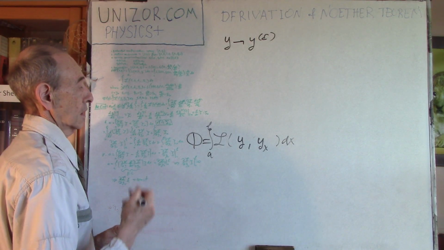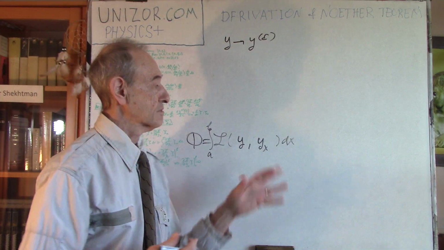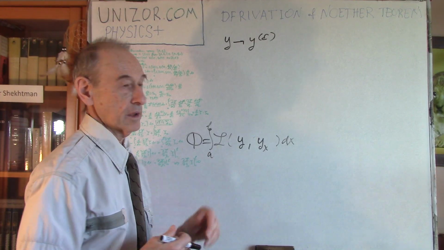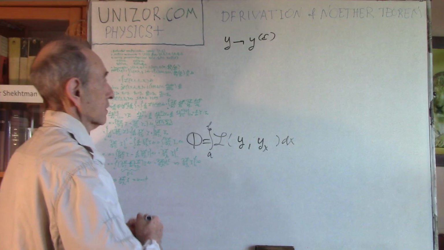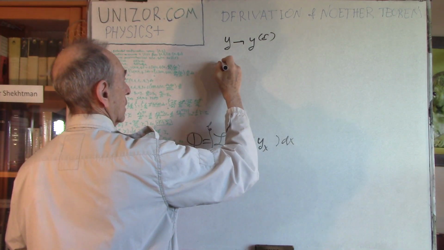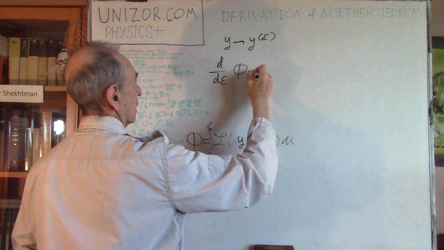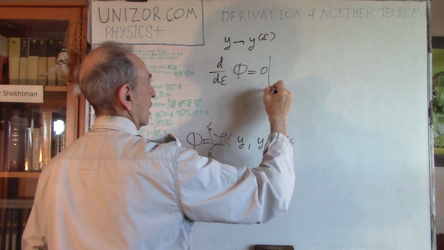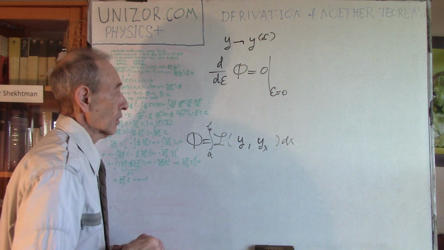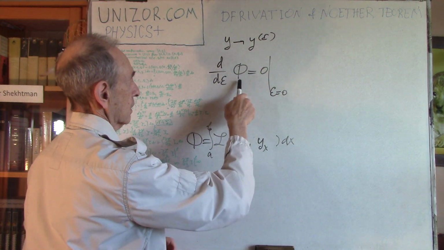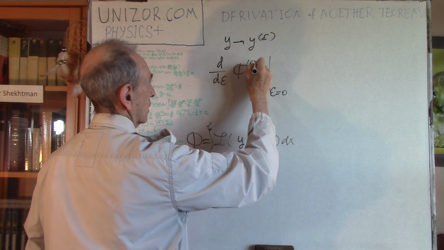Okay, so how do we mathematically express invariance of F, of the action functional? Well, very simply. d by d epsilon of F is equal to 0, and I will put it at the point epsilon equal to 0. Now, obviously, function F is now dependent on epsilon.